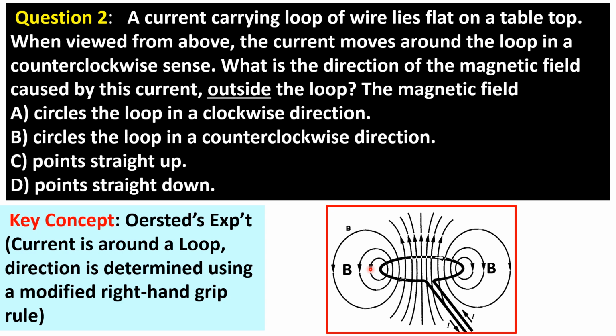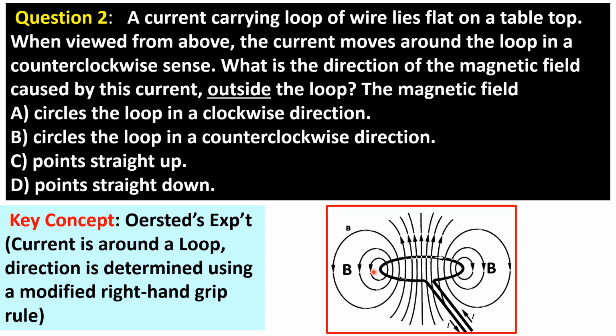So that makes choices A and B already not possible answers, because we are looking for an answer that is specifically tangent to that small circle.